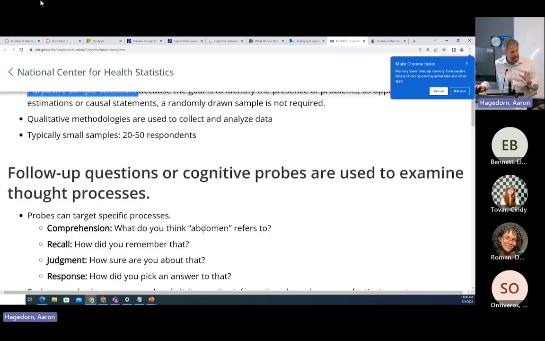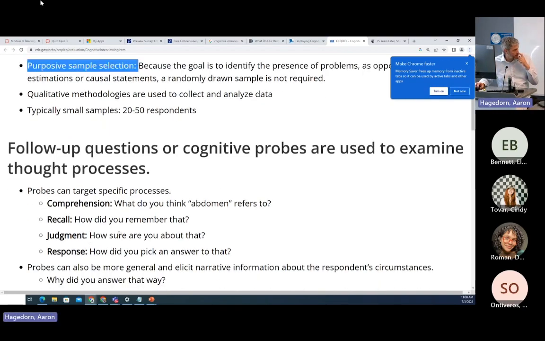A word like abdomen that scientists may use may not be used by average people. We ask them a question and we ask a little bit later, do you remember what question you were asked? Does it make sense? And how sure are people about their answer, and how do they pick the answer?